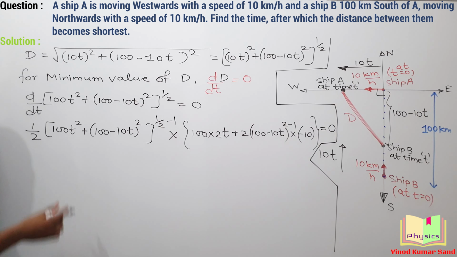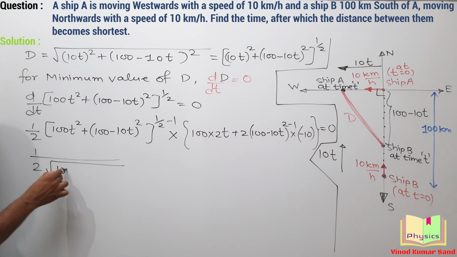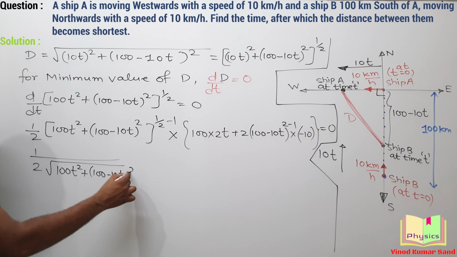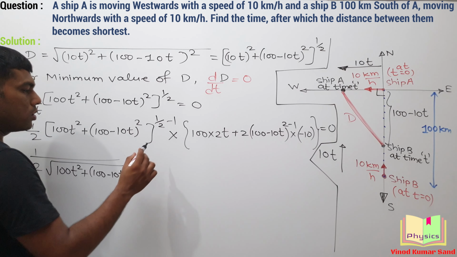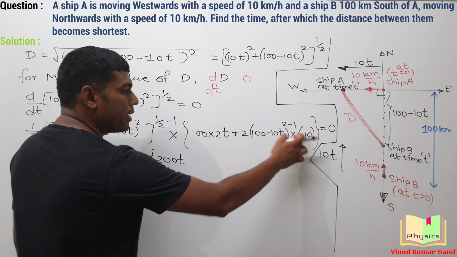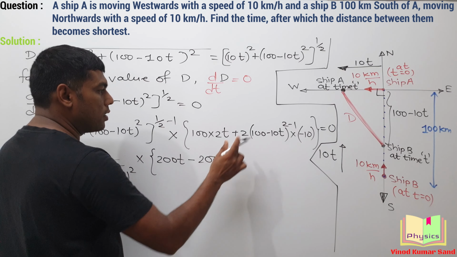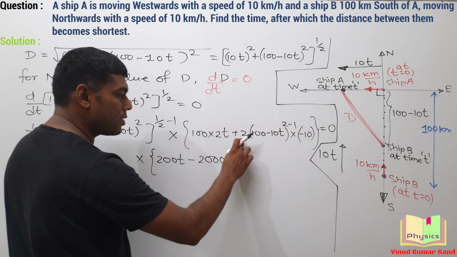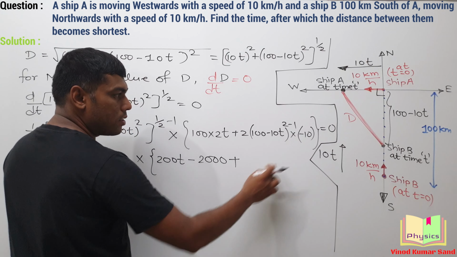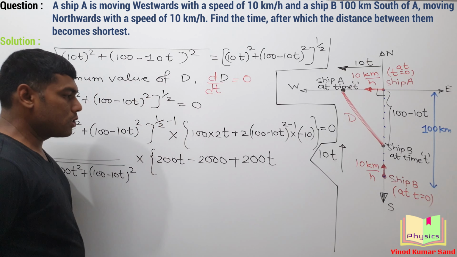Let us simplify this. We can write this as 1 by 2 root of (100t square plus (100 minus 10t) whole square), into, simplifying the things further here, this is 200t. Multiplying this minus 10 and this 2, it will be minus 2000. 2 into 100 is 200, and then minus 10 is multiplied, plus this is 20, and this 10 is also getting multiplied, so 200t, and 2 minus 1, that power was actually 1.